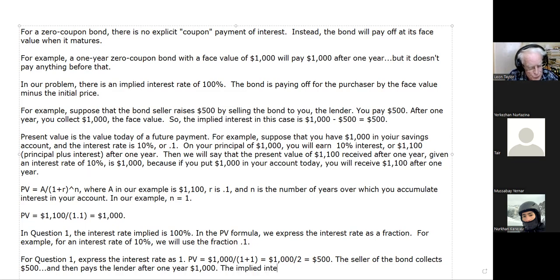The implied interest equals the initial bond price, the amount of money that the borrower is collecting, because the interest rate is 100%. And I think that's all that we have to say about the first problem, unless you have questions.